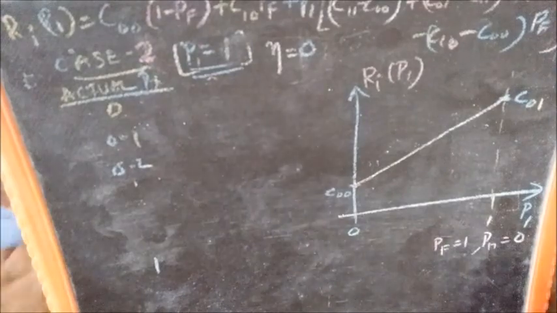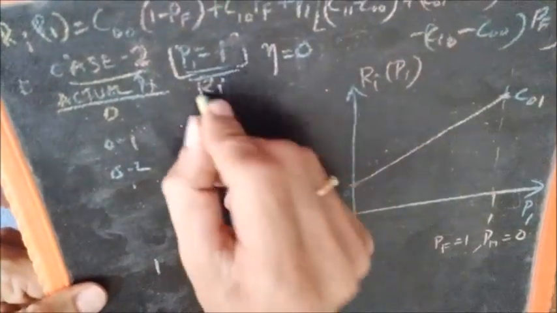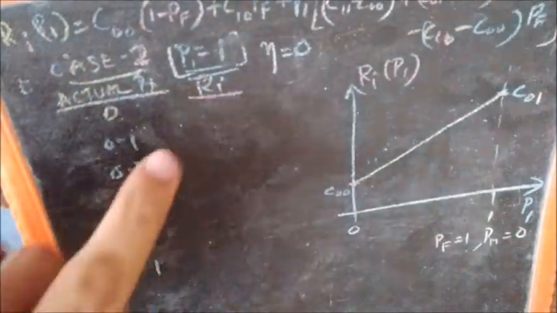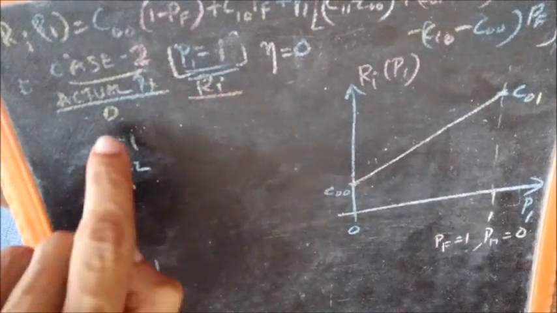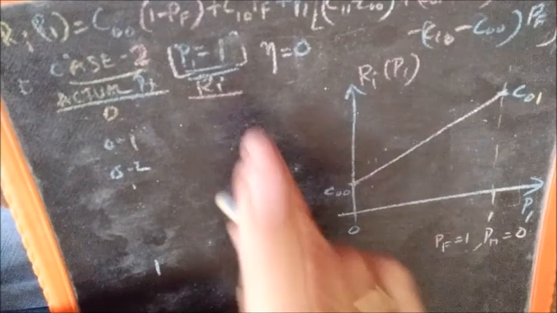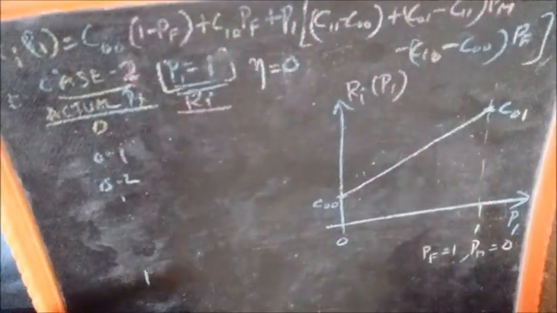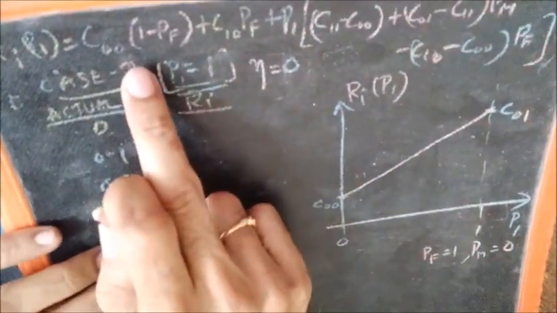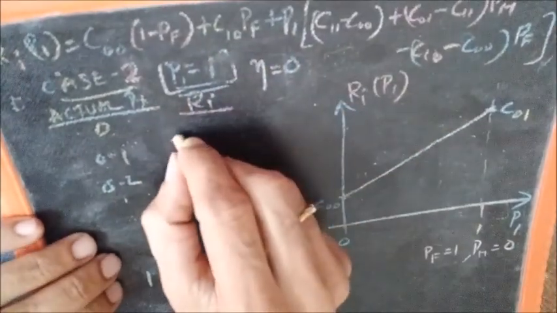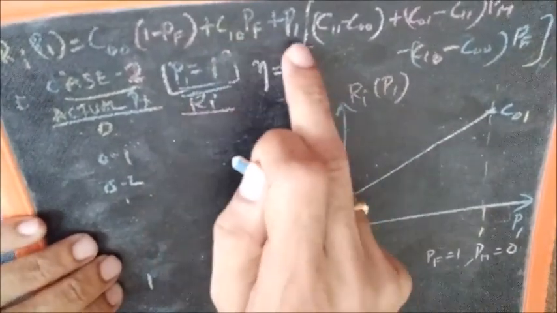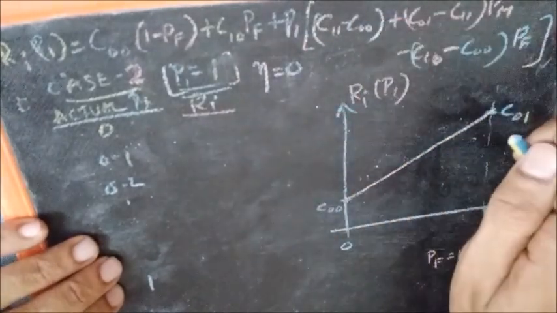Now let's go through the risk. When the assumed P1 is 1 and the actual P1 is 0, PF being 1, you will have C10, and P1 being 0, this entire part will vanish.